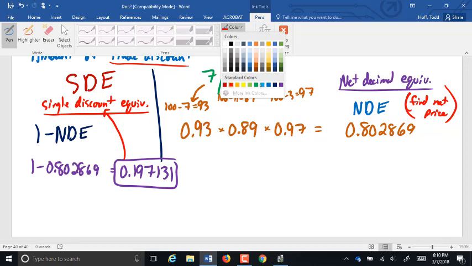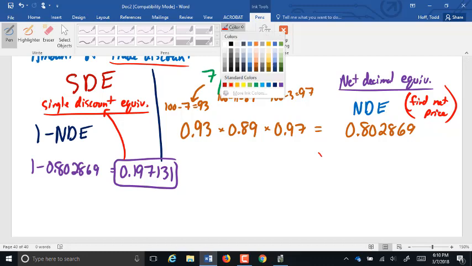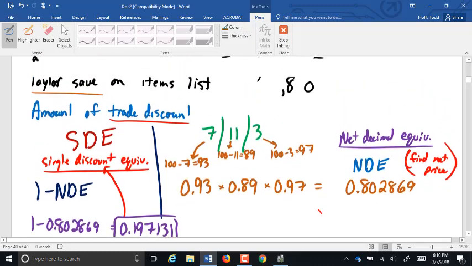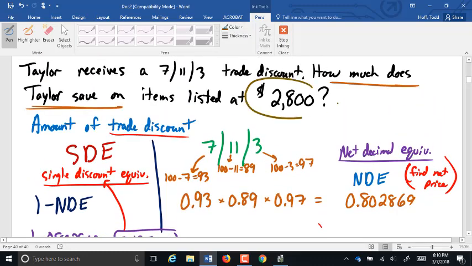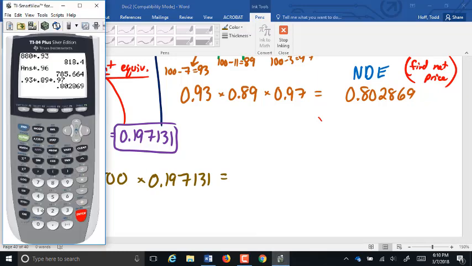So to find the amount of our trade discount, we take our list price of $2,800, that's our list price, times that single discount equivalent, giving us 551.97.